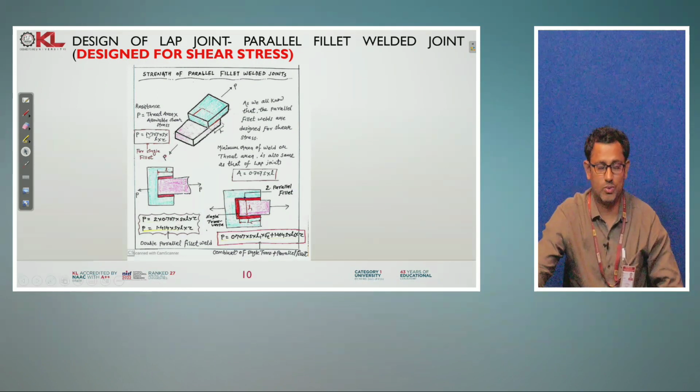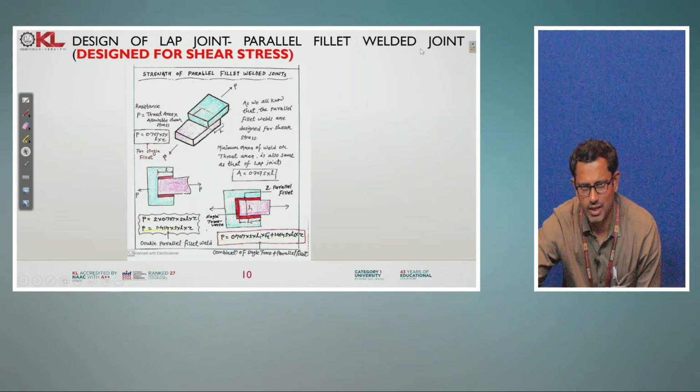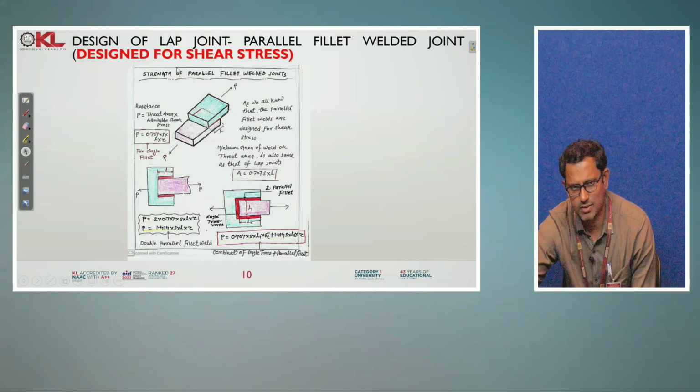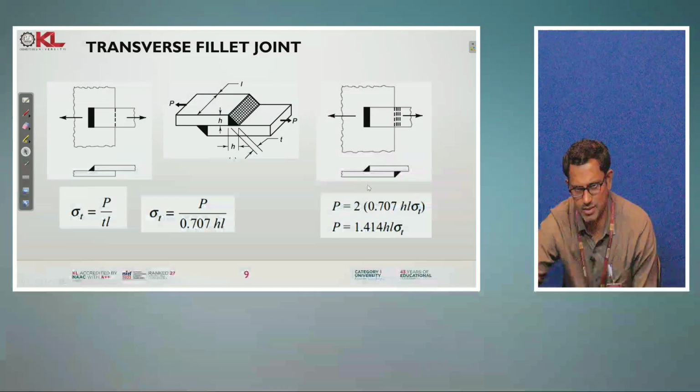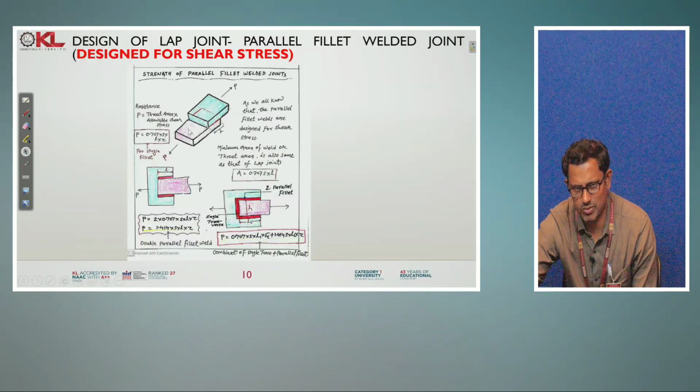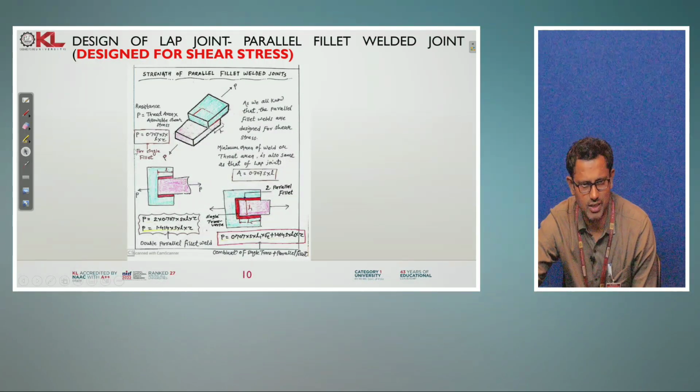So now let's see how to design the fillet welds for the double shear stresses, that means double transverse loads. This is a double transverse load. Now this condition is for the parallel fillet welds. So here also the area will be your throat thickness into the length.